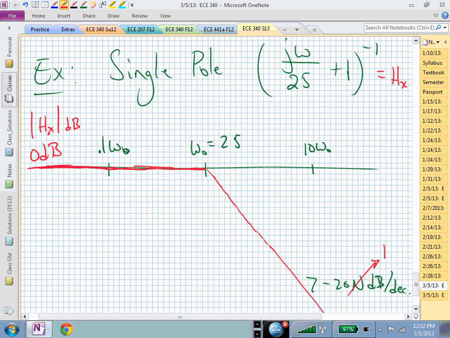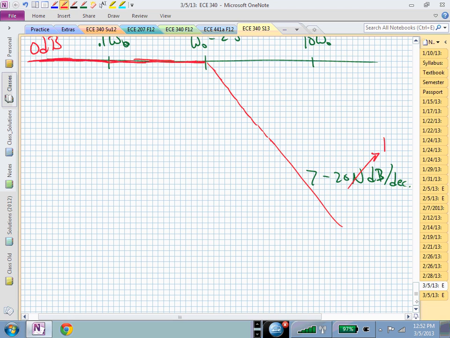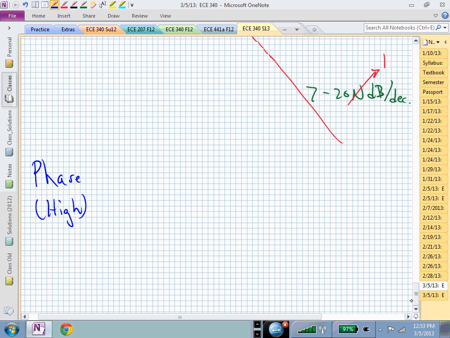If we wanted its phase, again, this is high frequencies, which says that omega is much bigger than omega naught, or we have 10 omega naught much bigger than omega naught. That's the approximation that we're using.